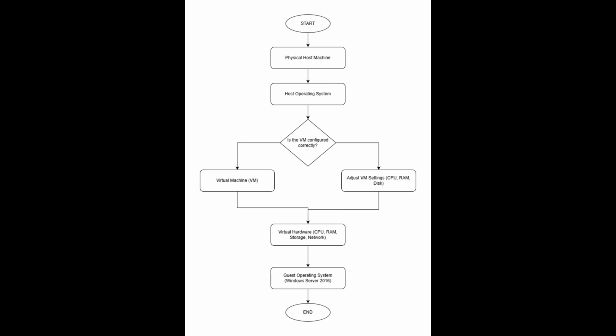In summary, the physical host machine runs the host operating system, which then uses Oracle VirtualBox as the hypervisor to create and manage virtual machines. Before the virtual machine runs, the system checks whether the configuration is correct, including the allocated CPU, memory, and storage.